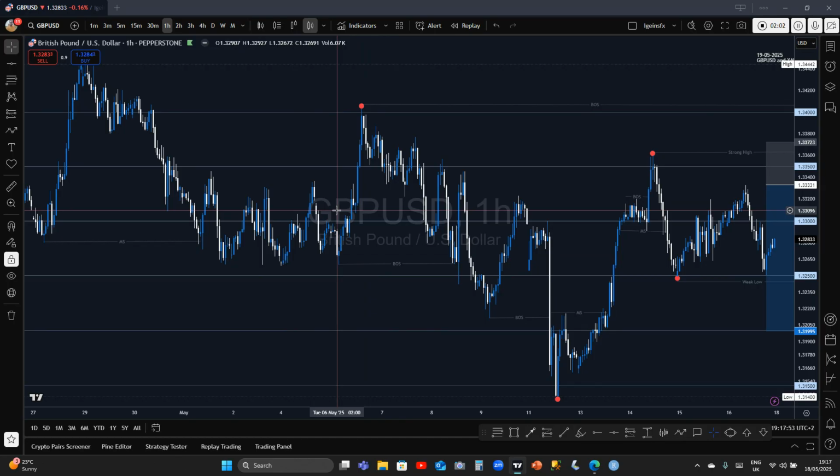Then price action will start to pull back, as in going bearish. And before that happens, price will create something we call a market shift, before price starts coming bearish.